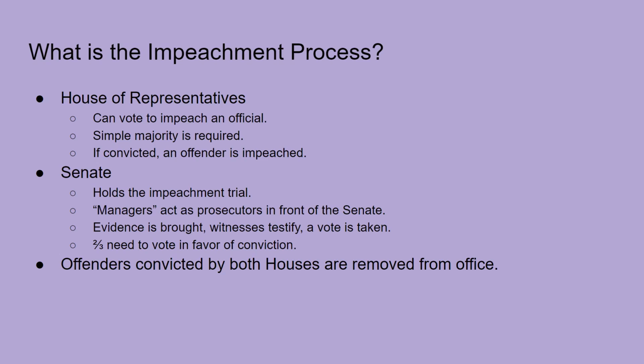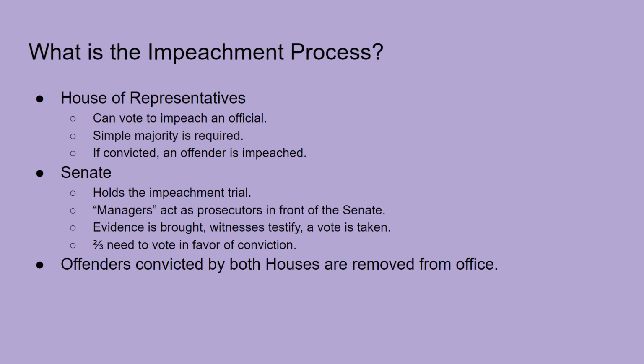So once an offender is impeached by the House of Representatives, the Senate can hold an impeachment trial. And to prosecute the offender, managers are selected to manage the prosecution of the accused offender in front of the Senate.